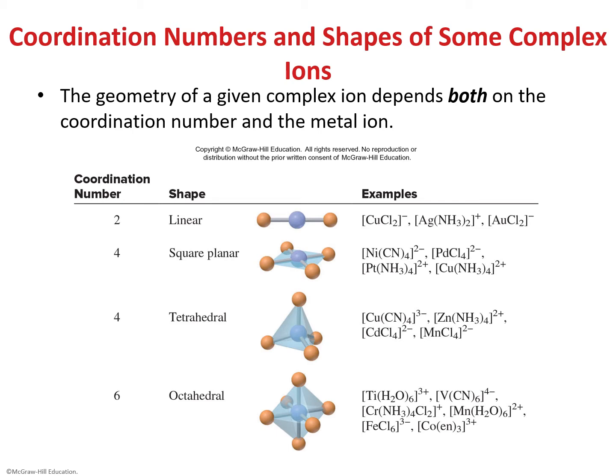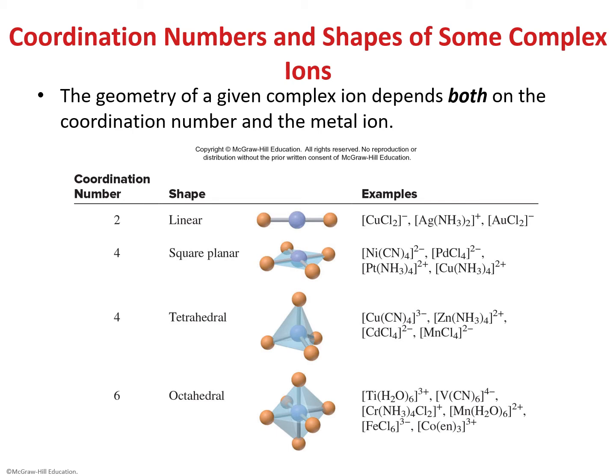If something has coordination number 4, there are two possibilities. One is square planar, the other one is tetrahedral. So I don't expect you to memorize the whole thing here, but one of them is square planar, the other one is tetrahedral, and the last one is the coordination number of 6.